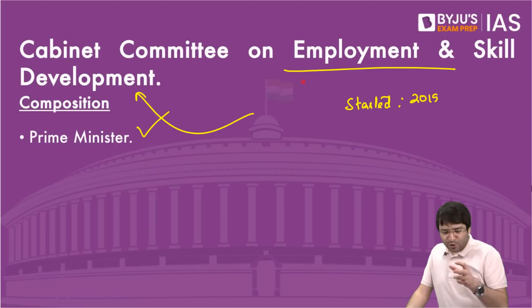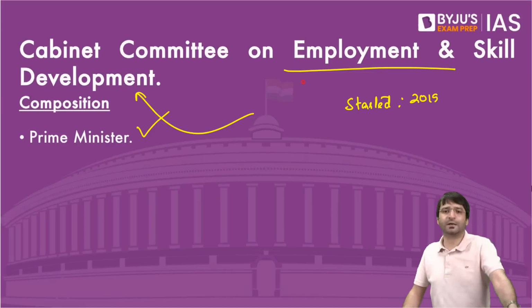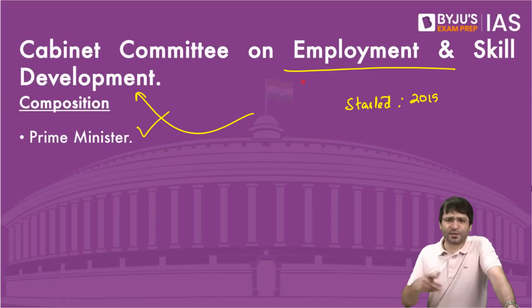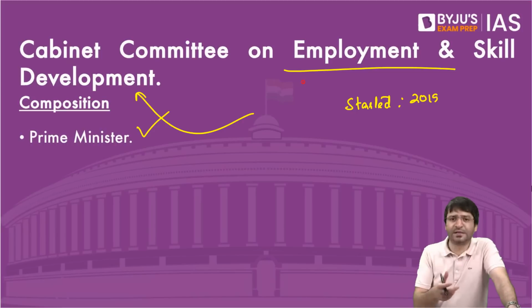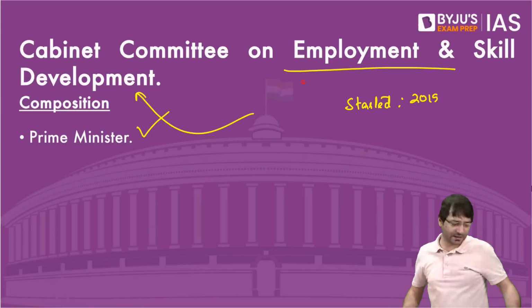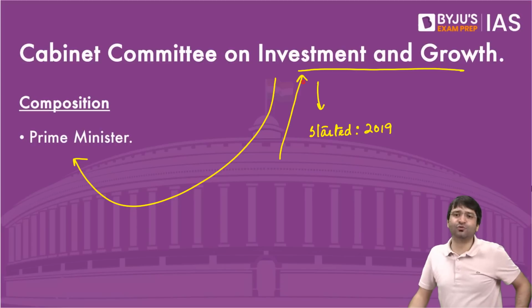And once our youth becomes skilled, that will enhance their potential to be employed in the job market. All such steps, whether scholarships, skill development, or policy interventions, whatever is to be taken, that will be decided by these two cabinet committees.